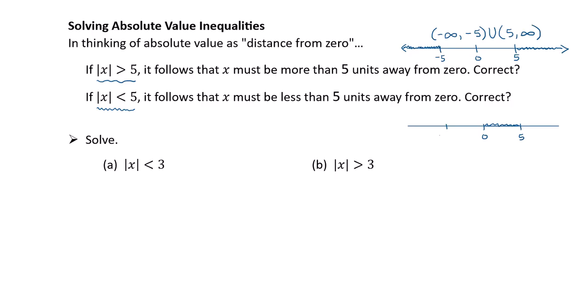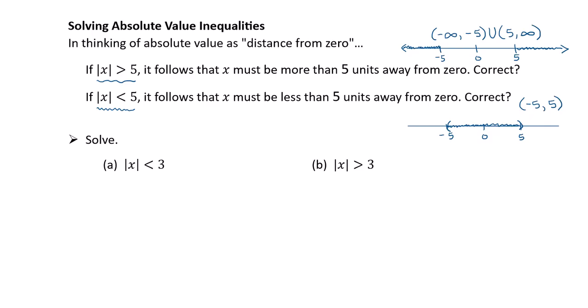But we also have over here -5, and these numbers are less than 5 units away from 0 as well. So we end up with this interval of -5 to 5.